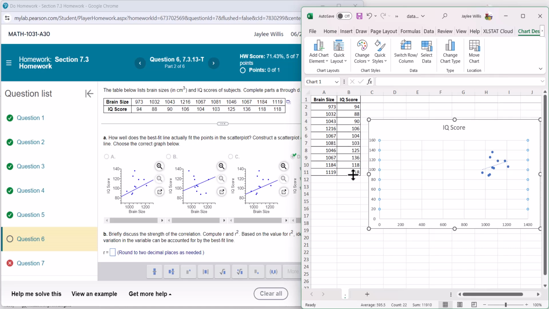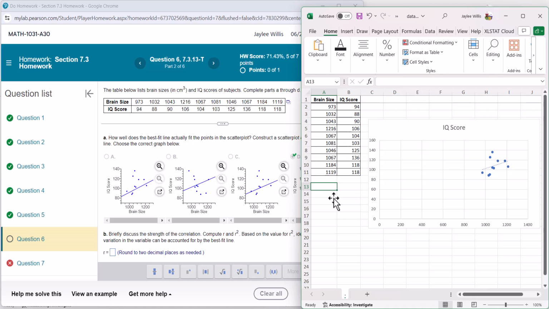If it's a negative one, it means that they're inversely related, meaning like, let's say in this case, if your brain size was increasing and your IQ score got smaller as your brain size got bigger, that would be a negative correlation. In this case, we can see that it's actually a positive correlation, where as one goes up, the other also goes up, because the slope of the line is positive. But let's go ahead and see how correlated it is.